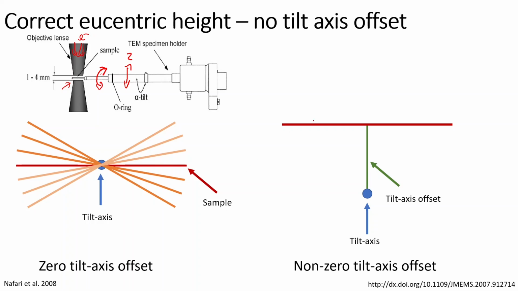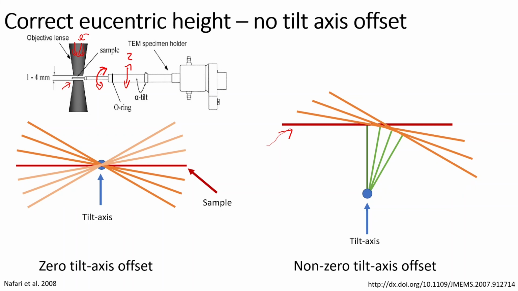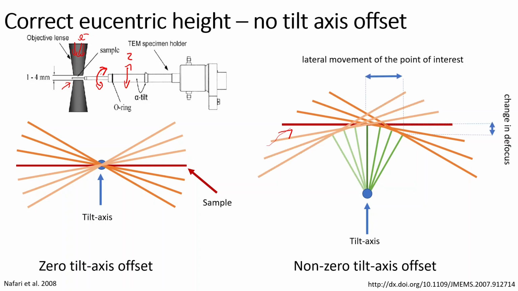But what happens if our tilt axis has some offset? So now our sample plane is higher than the tilt axis, so there's some offset. Now we start to rotate our tilts, and we see that not only is the sample plane inclined, the sample is also moving away from the center of interest. So the more we rotate our sample around the tilt axis, and since we have some offset of the tilt axis, we are also moving our point of interest.